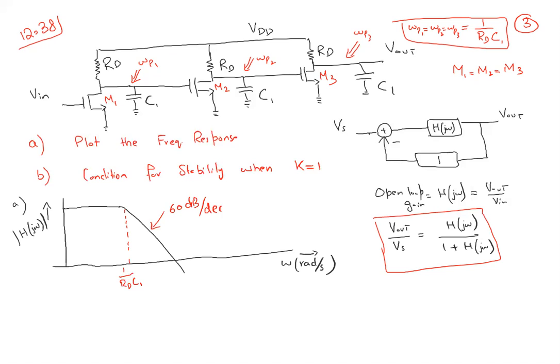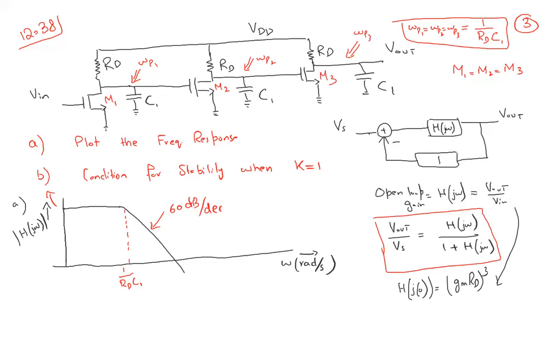Another thing we need: what will be the DC gain at this point? Let me write the DC gain in blue. V out by V in, or h of j omega, at omega equal to 0, will be equal to gm RD cubed.